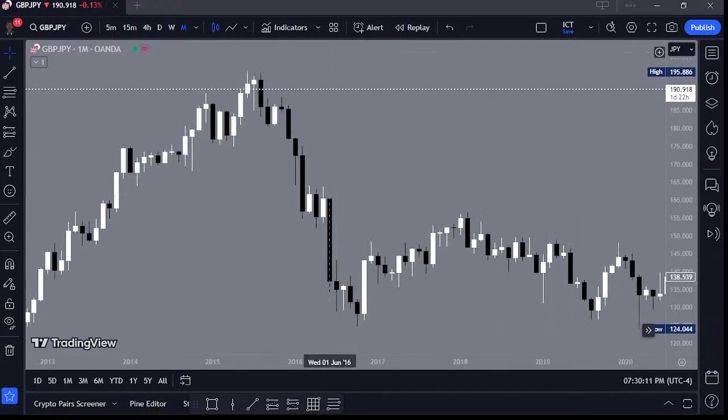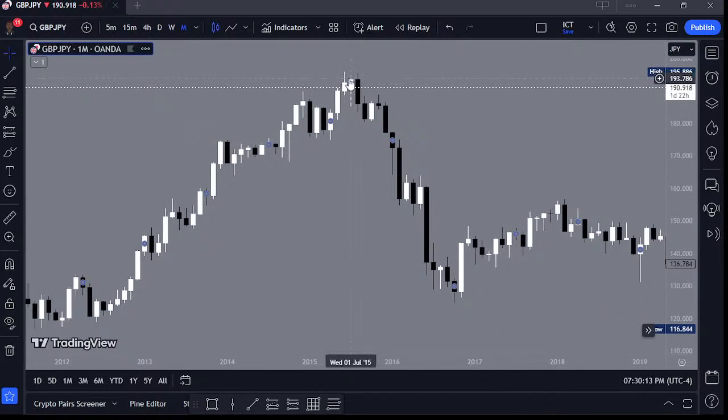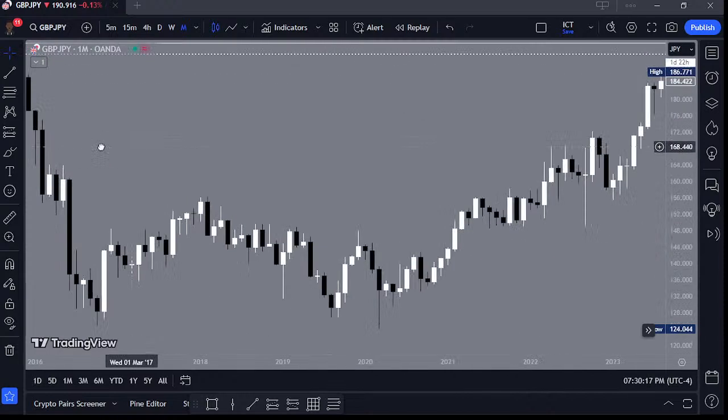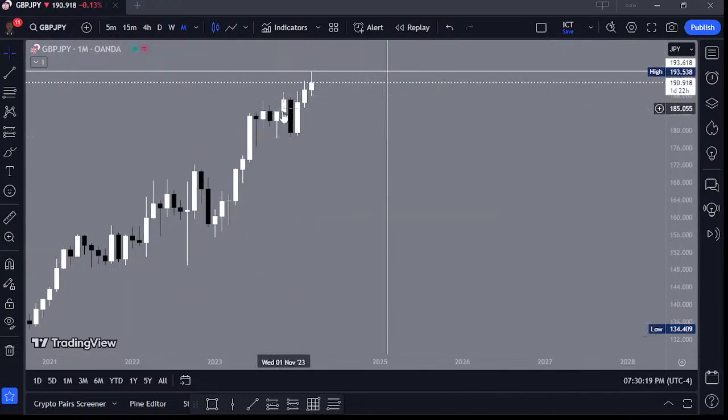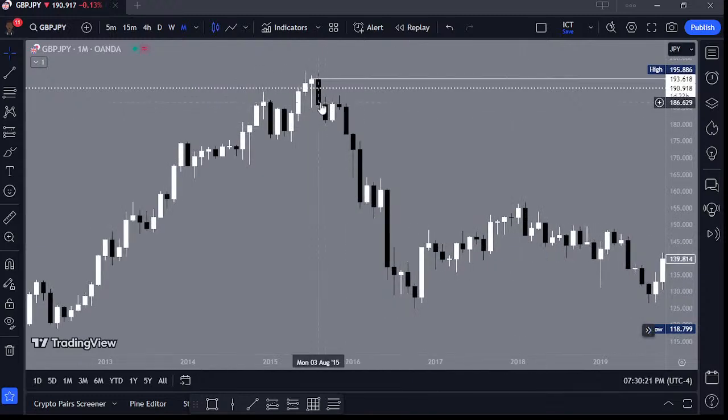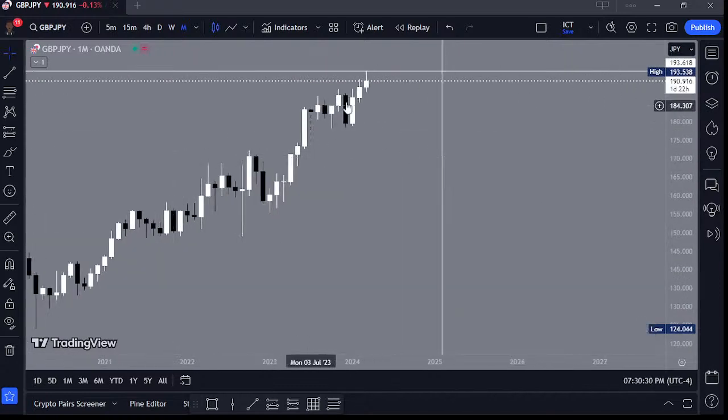If you look closely, there are equal highs right here, which we can see were taken out. These equal highs were created during August, Monday 3rd. So there are equal highs right here, which were taken by this month.